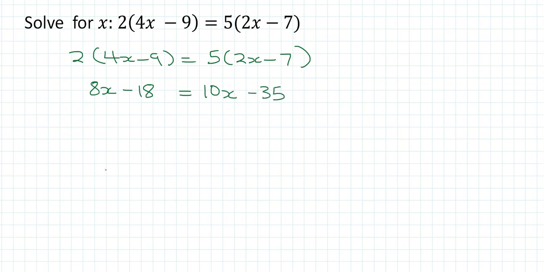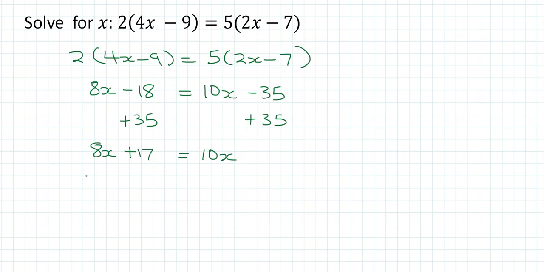So I'm going to isolate next, and I'm going to isolate the x on the right-hand side of the equation. So let's go ahead and add 35 to both sides. So we have 8x, and then we have plus 17 is equal to 10x.